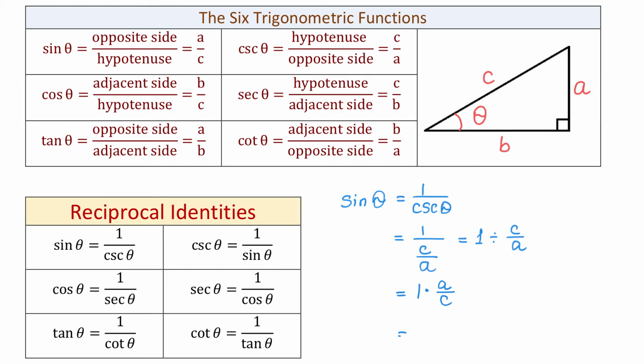Then the result will be A over C. So sine by definition is A over C, and if we replaced it with 1 over cosecant, we still got A over C.